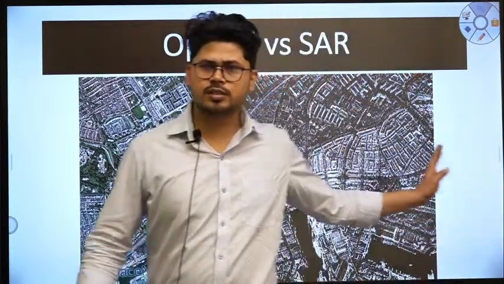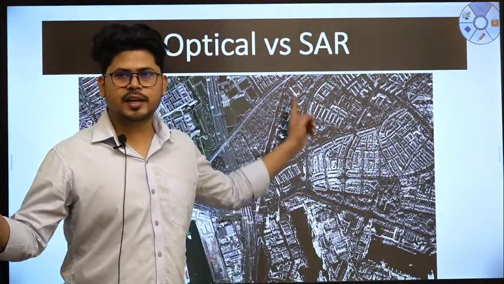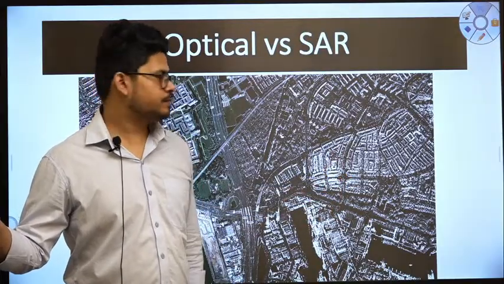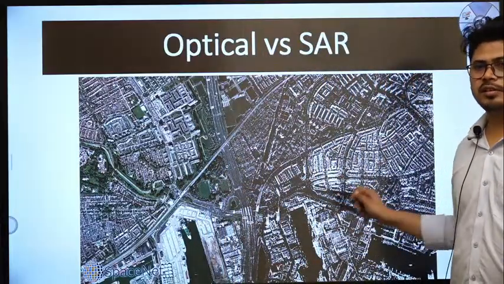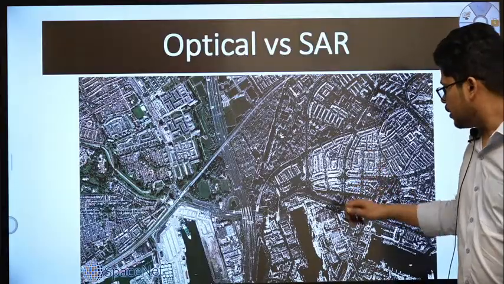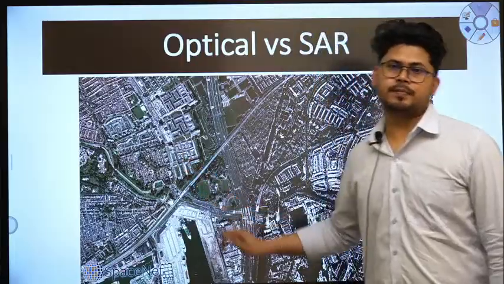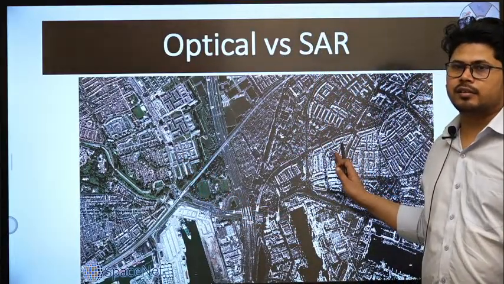The left portion of this image is taken from SAR. ठीक है? Synthetic Aperture Radar kind of imaging या mapping. So you can see that in both the sections, this one is more illuminated and this one is more detailed. This is lossy and noisy. So this is the difference between optical and SAR.